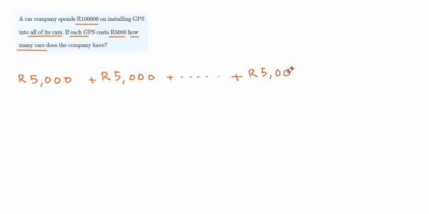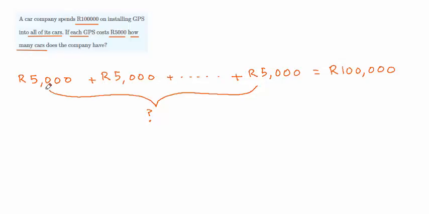the total amount spent is given to be 100,000 Rand. And we need to find out how many cars were there in all. In other words, how many times the number 5,000 was added to itself.